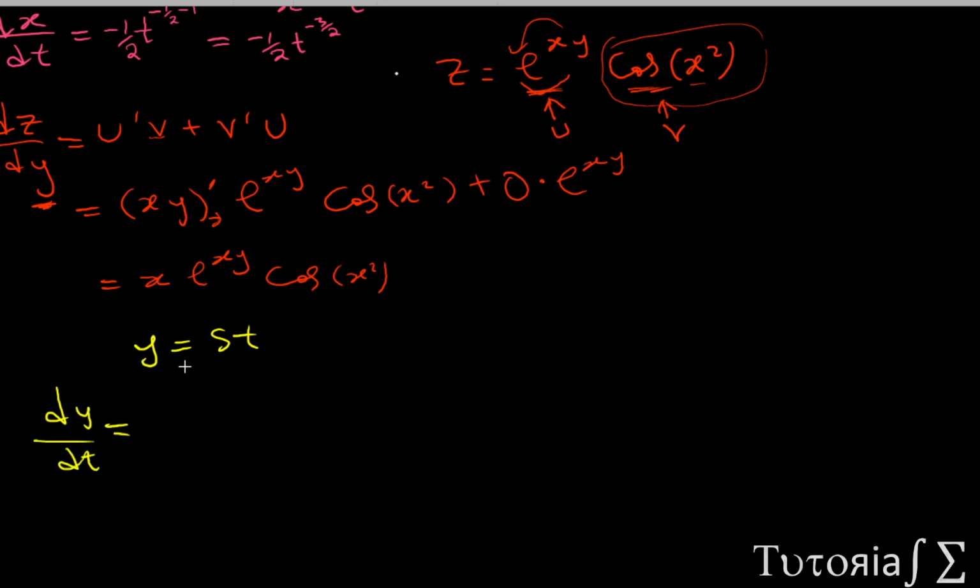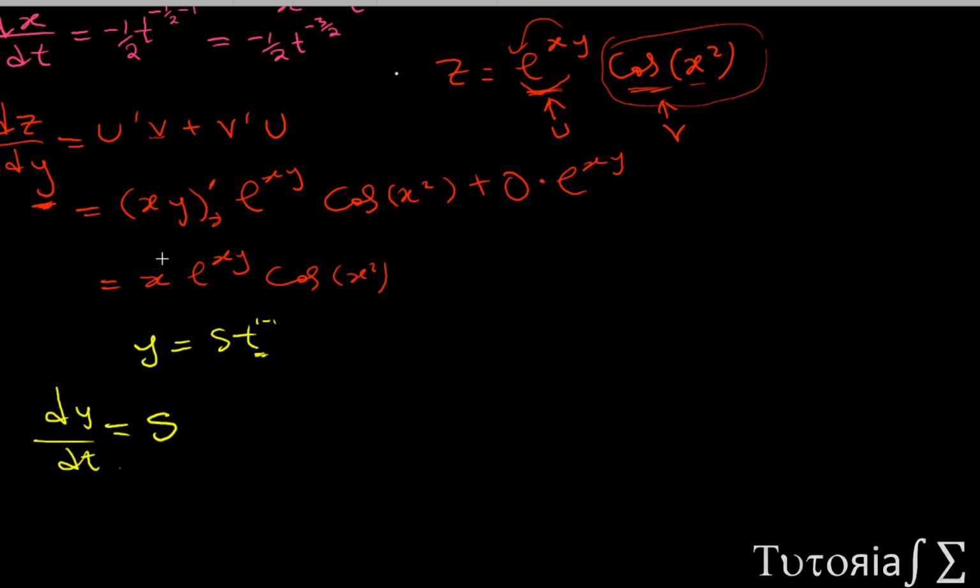We're just differentiating t. How do we differentiate? Whatever power is there, minus 1. When there is nothing there, it is to the power 1. So 1 minus 1 will be 0. Any number to the power 0 is 1. So 1 times this will just be s. So dy dt will be equal to s.